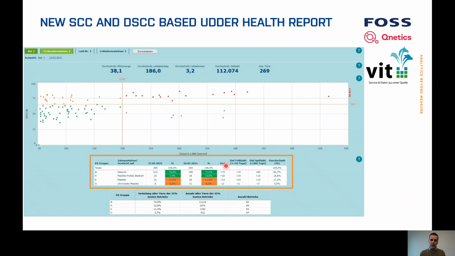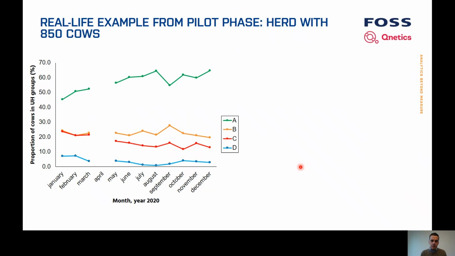As I said, there are some target values here as well and some average values. So this is the report the farmers got access to and we're working with in a pilot phase.